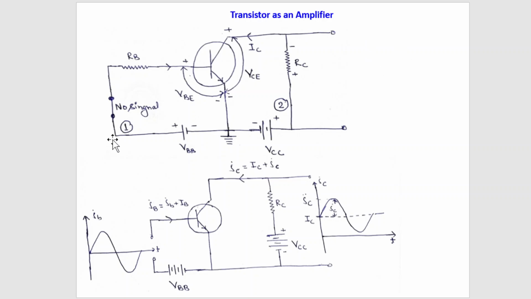If we apply an AC signal apart from the bias power supplies, that is plus VBB and plus VCC, at the input terminal, then this transistor is used as an amplifier. We can call this transistor an amplifier.